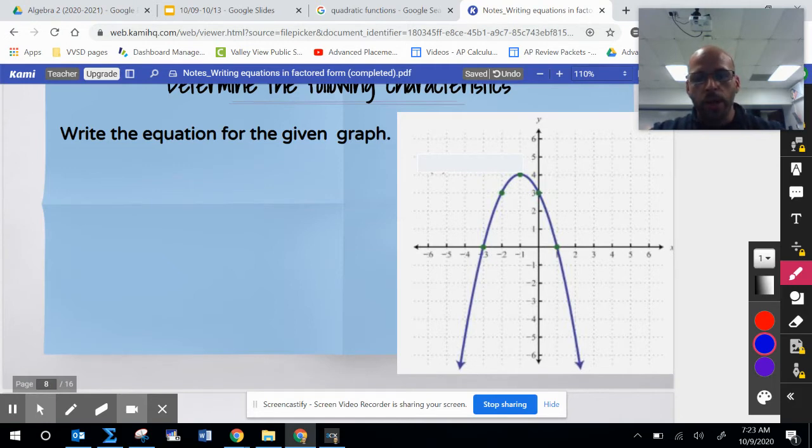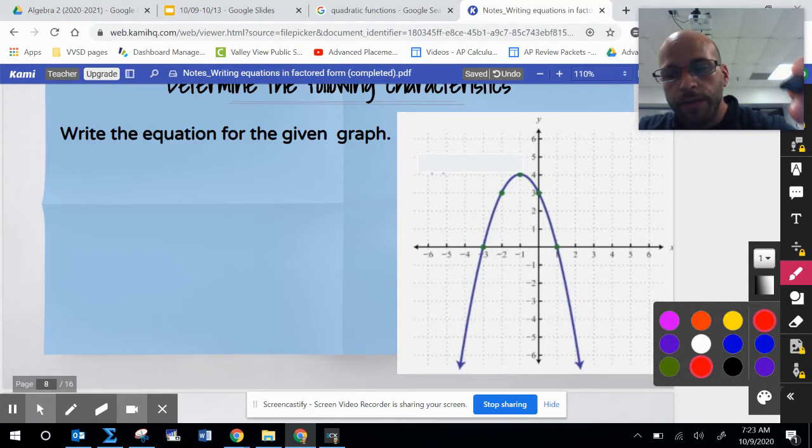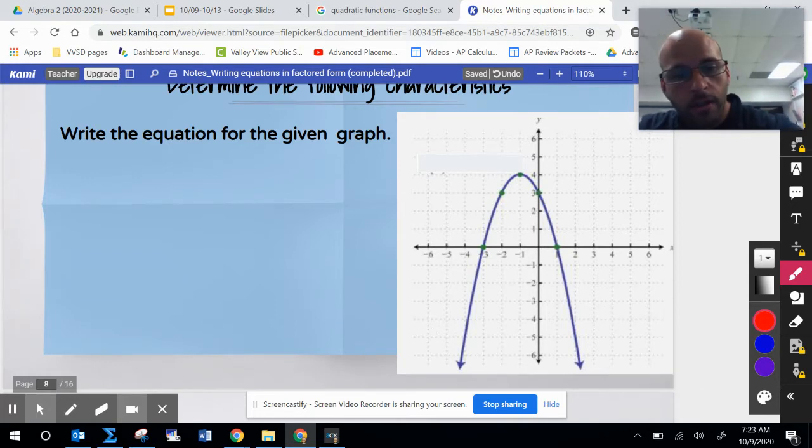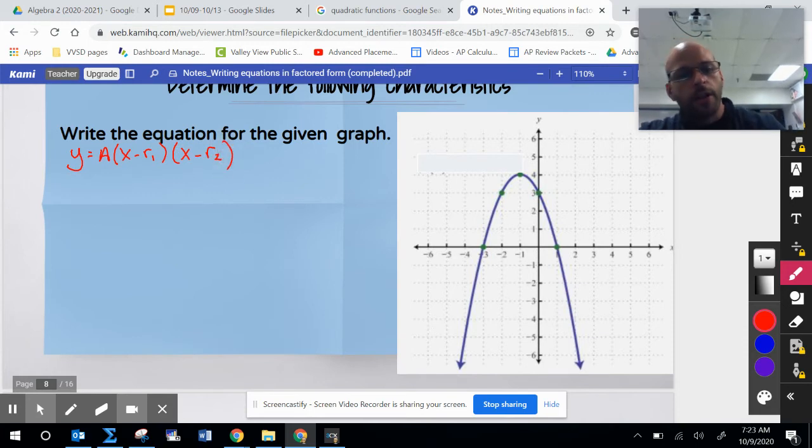I want to write the equation for this. Now, when I do it, the first thing that I want to do is I want to find the x-intercepts, okay? So let's start. We're going to use factored form. Okay, so this is the formula for factored form, and I want the x-intercepts.